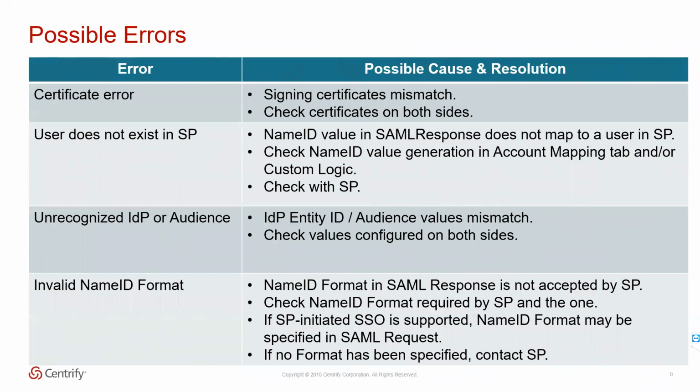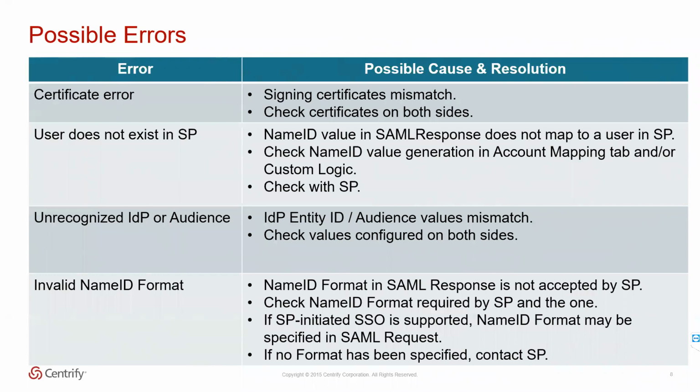Now, for a service provider that supports multiple IDPs, they could have an error that says, hey, I don't recognize this IDP, or audience, if audience values don't match. So what that means is, right, they look at the token and they see the IDP entity ID or the audience value, and can't find a matching configuration on their side.